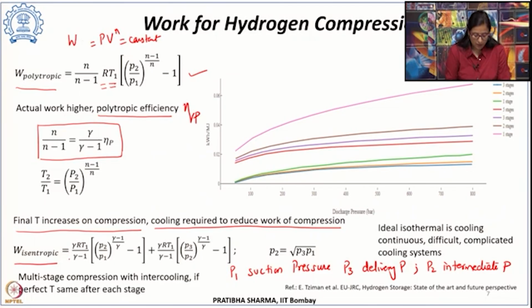The isentropic work of compression is given by gamma R T1 upon gamma minus 1 times the pressure ratio (P2 upon P1) to the power gamma minus 1 upon gamma, minus 1, which corresponds to the first stage, plus gamma R T1, since the temperature remains constant after the first stage, upon gamma minus 1 times (P3 upon P2) to the power gamma minus 1 upon gamma, minus 1, where the intermediate optimal pressure P2 is given by the square root of P3 times P1.